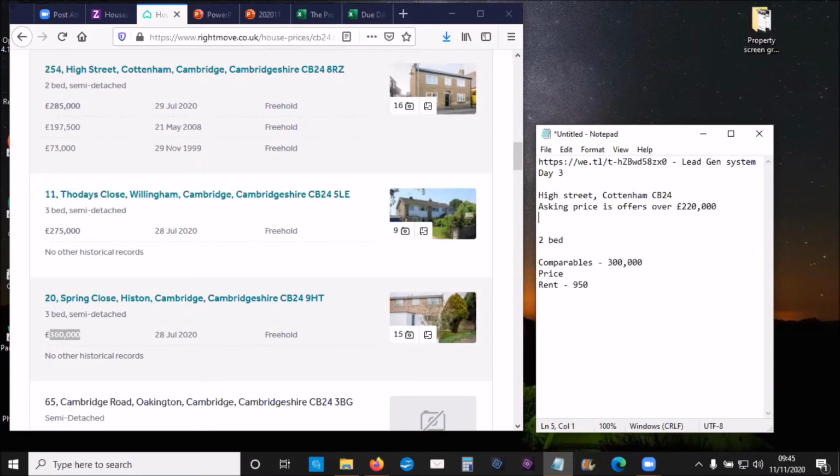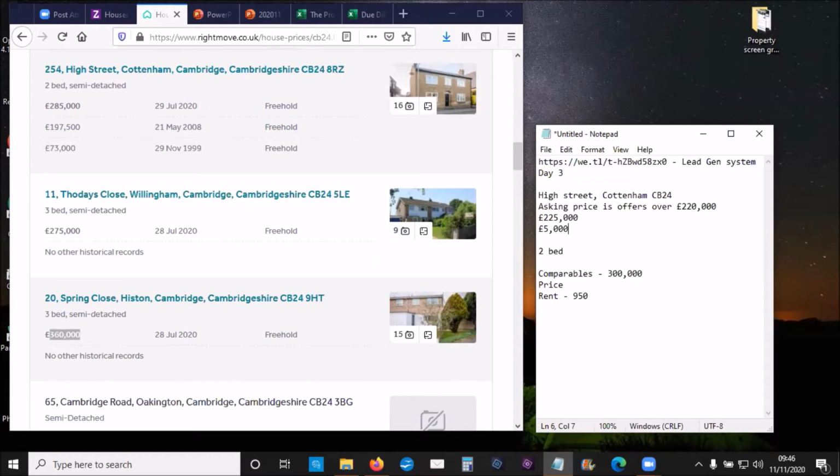So I am going to say that we get a sale agreed at 225,000 pounds, and that we have, let's say, a refurb cost of maybe 5,000 pounds, because the property did not look extremely distressed. In contrast, it probably looked pretty okay. So I want to say we will need some kind of modernization and updating that will cost 5,000 pounds.